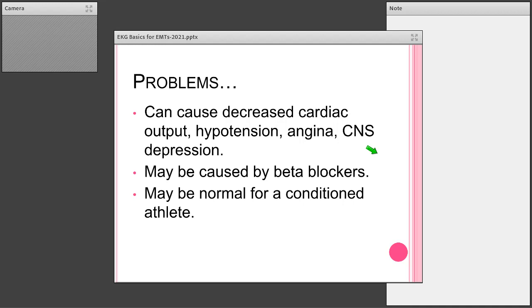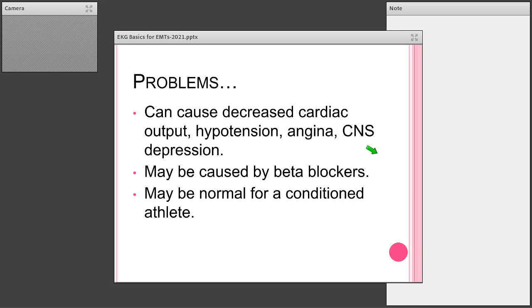this can cause decreased cardiac output. The heart in some patients isn't beating fast enough for them to eject enough blood out to the rest of the body. It can also cause low blood pressure. Because the blood pressure is low, there's decreased blood supply to the heart muscle itself.